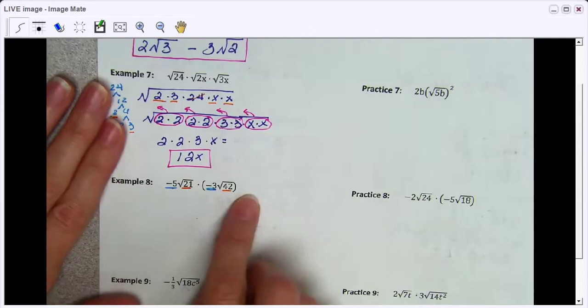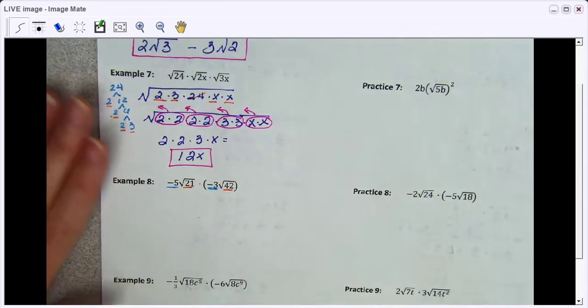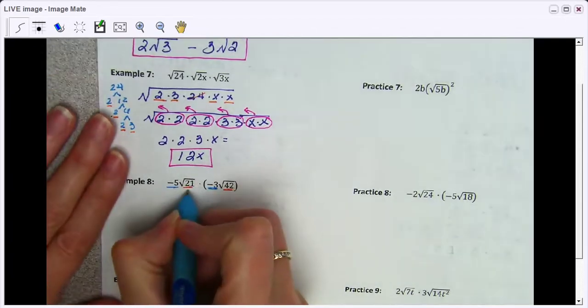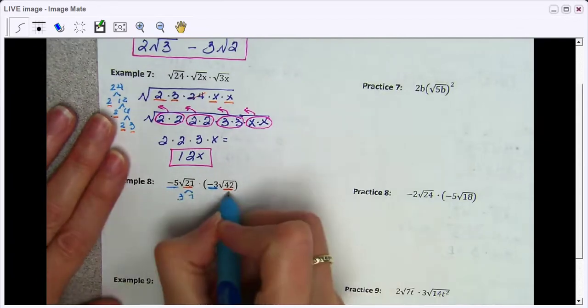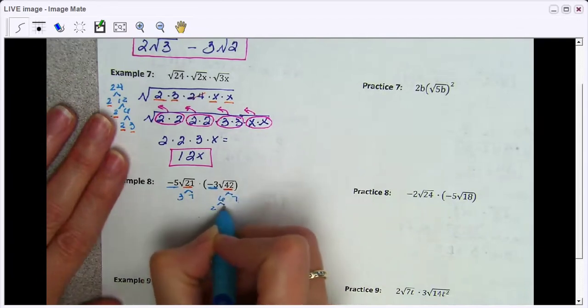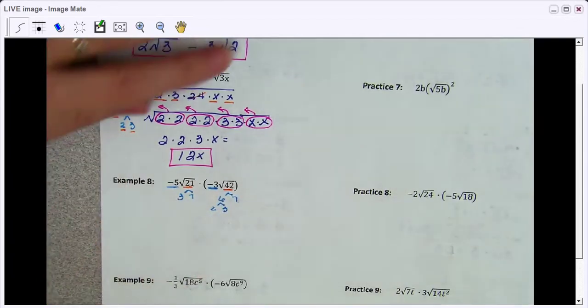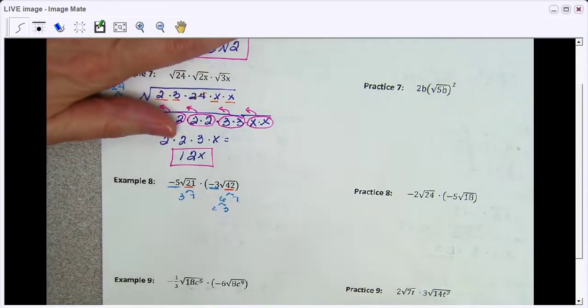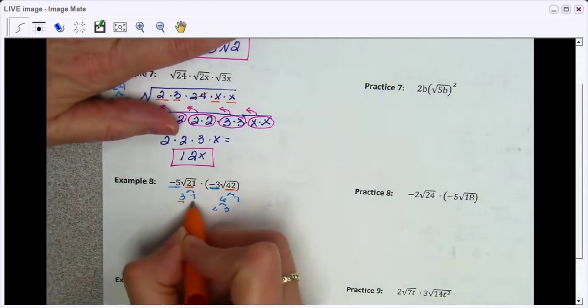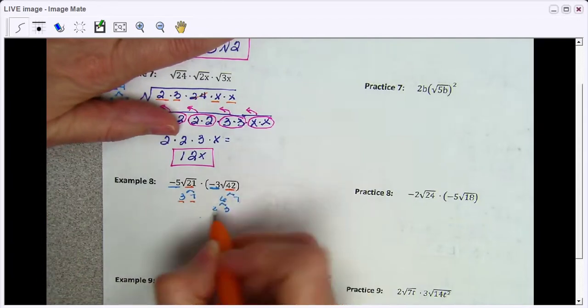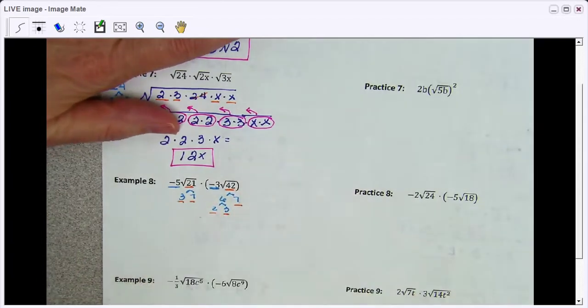So instead of putting them all under the radical, you can just go ahead and start factoring these. 21 is 3 times 7, and 42 is 6 times 7, and then 2 times 3. So now what I could do is replace my 21 with my 3 and 7, and replace my 42 with my 2, 3, and 7.